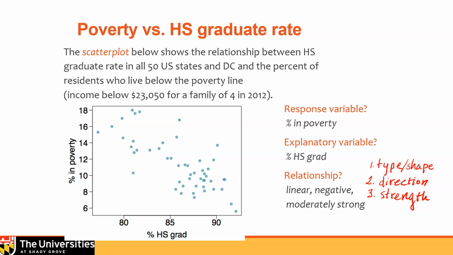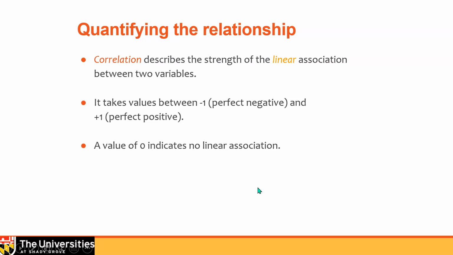How people classify moderately or weakly, indicating strength, tends to vary, but I'll give you some guidelines for that when we talk about correlation in just a moment. So here we've got a visual that tells us immediately something about the relationship between two quantitative variables based on the type of relationship that appears to be there, the direction that it's holding, and the strength of that relationship.